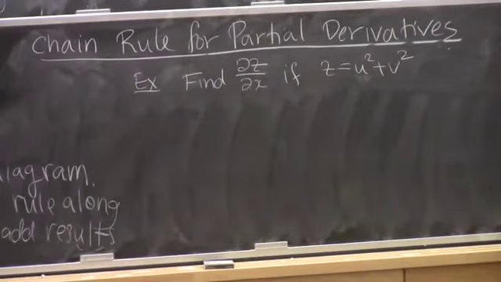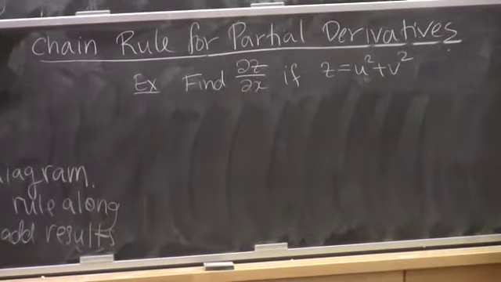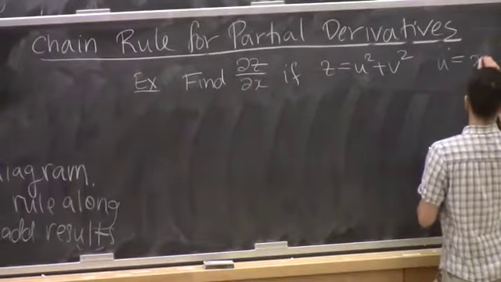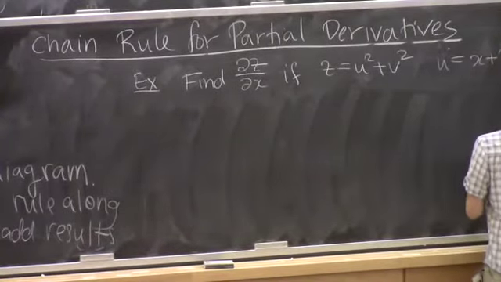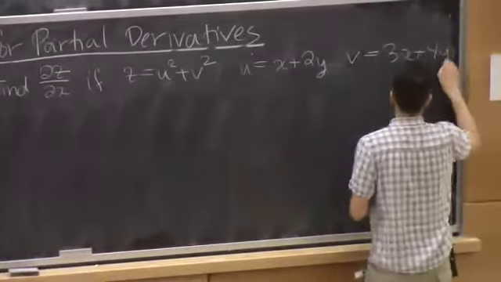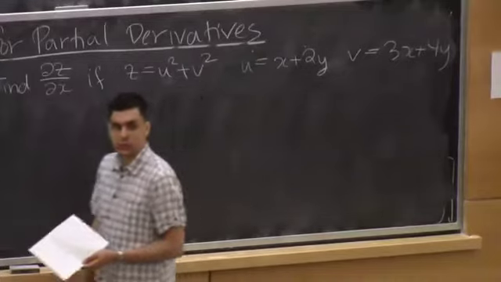Okay, so let's say we've got this function for z, and those two functions for u and v.